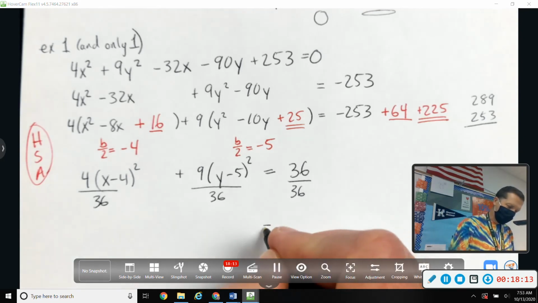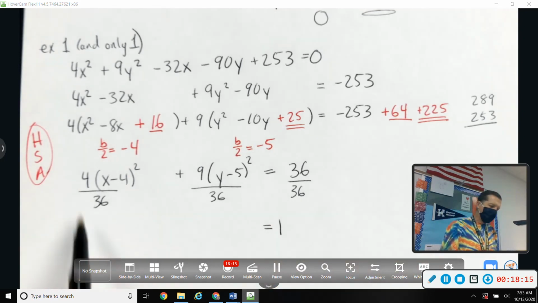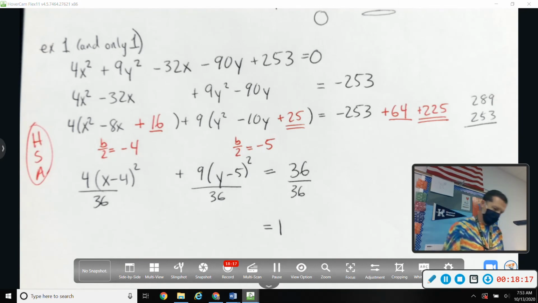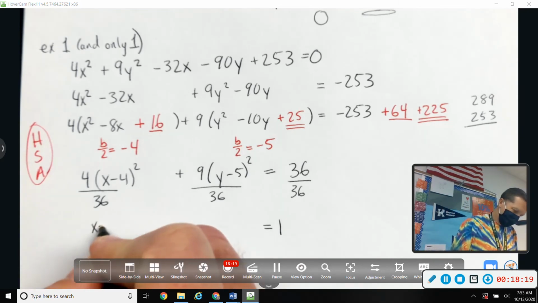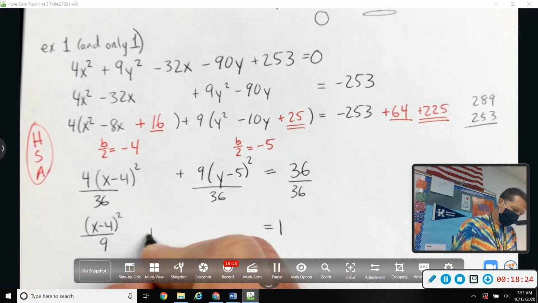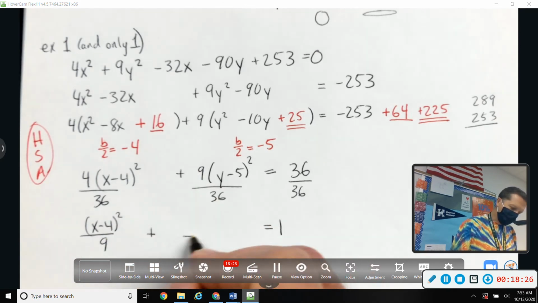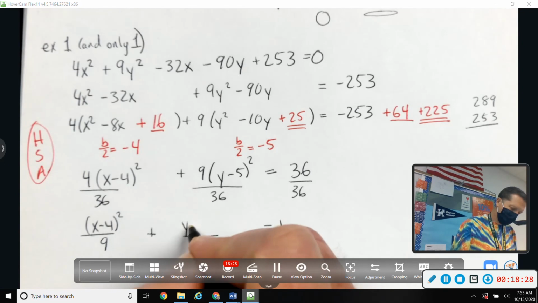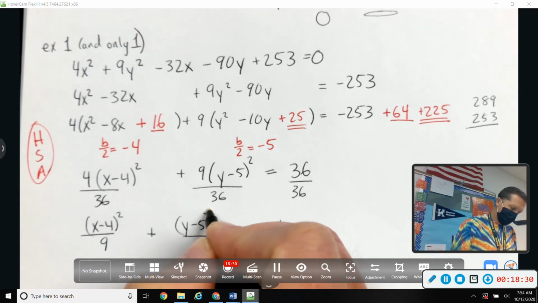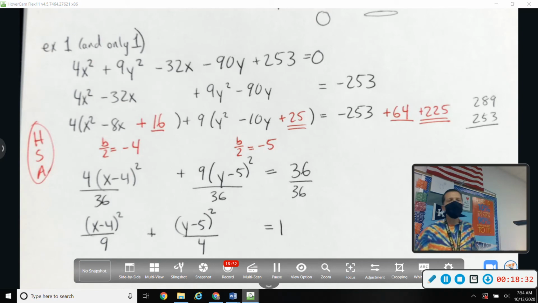In a good sense, it's rigged. Because 4 over 36 would reduce to 9 in the denominator. 9 over 36 would reduce to 4 in the denominator. And now I've got an ellipse in standard form.